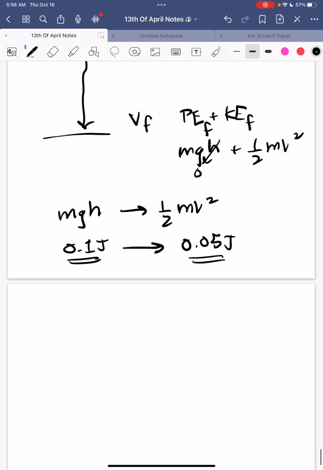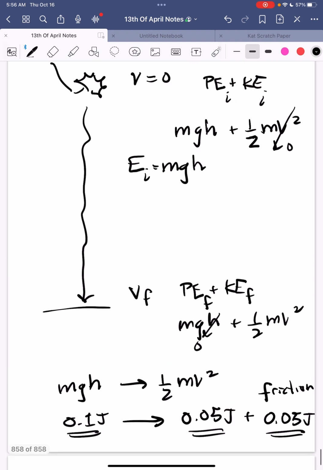Well, I can take the difference between these two, and I can find out that the difference is this missing 0.05 joules. This part right here must be due to friction. So this 0.1 joules became 0.05 joules of kinetic energy plus 0.05 joules of energy lost to friction.